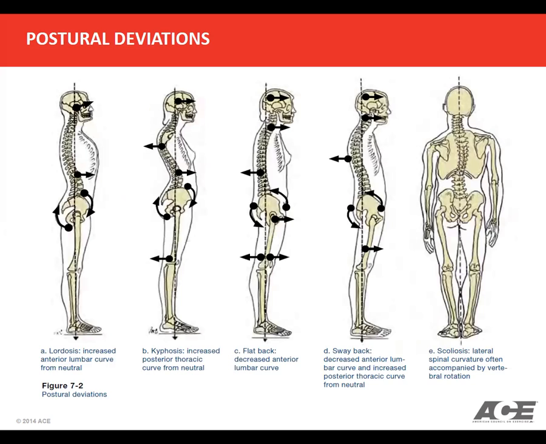So again, the lordotic here is not really, that's kind of not the best picture of it. And you can see the sway back. So again, in this book, the sway back has a different meaning than what you'll see in some other text.